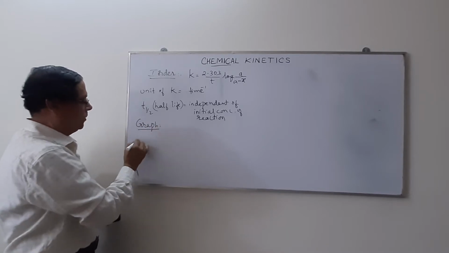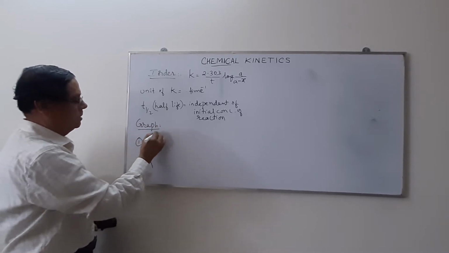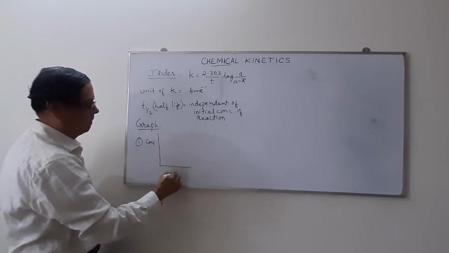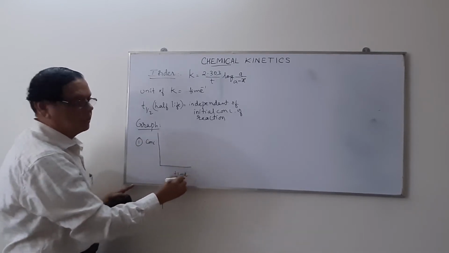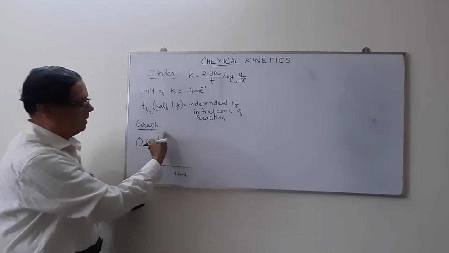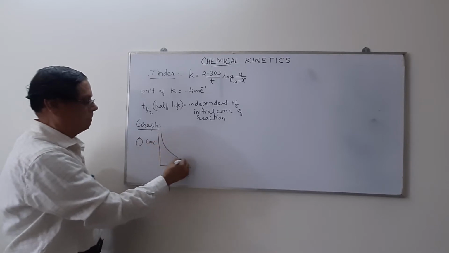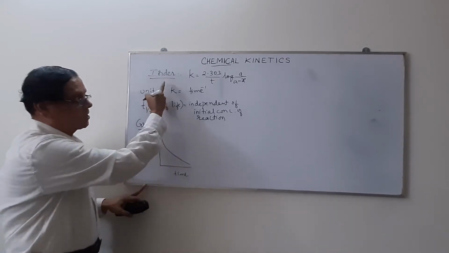The first graph is concentration versus time. As the time increases, the concentration of the reactant gradually decreases. So it decreases in this way, for a first order reaction.